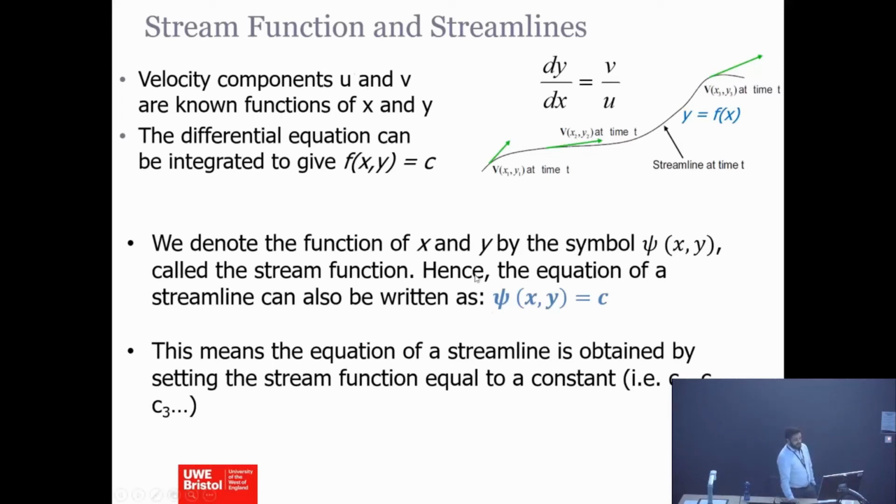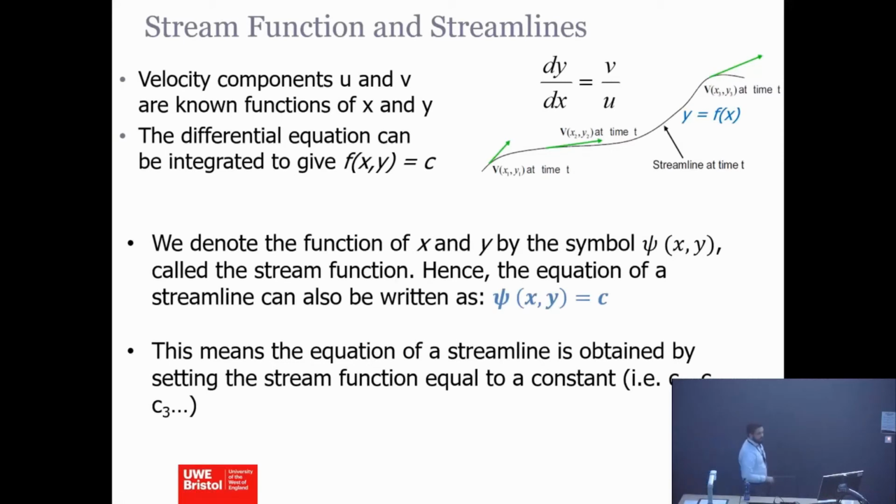Let's introduce this concept of stream function. So this function here, f(x, y), we can actually denote by something else, which is psi, okay? So we give this function f(x, y) the symbol psi(x, y), which we also call a stream function, because it's related to the streamline, okay?